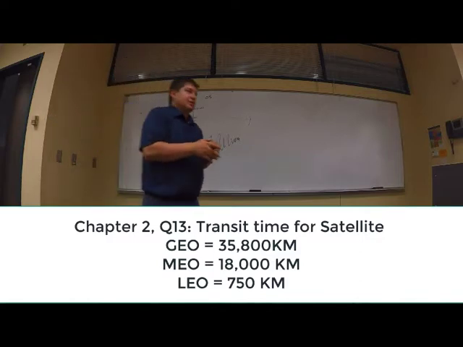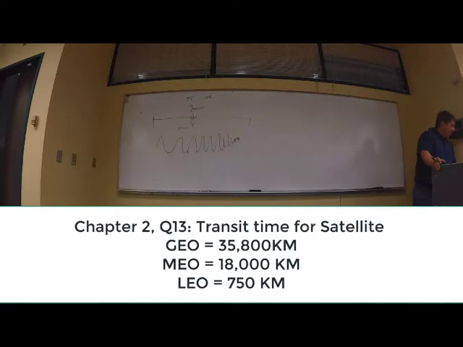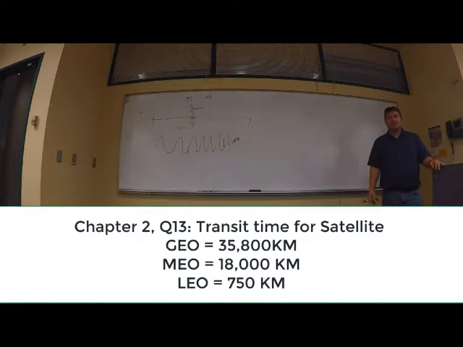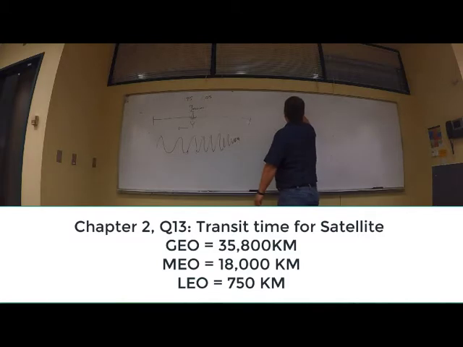So this question says, what's the transit times for a GEO, a MEO, and a LEO satellite? I would provide you those numbers. In your book, the altitudes are in there. 35,800 kilometers for GEO.